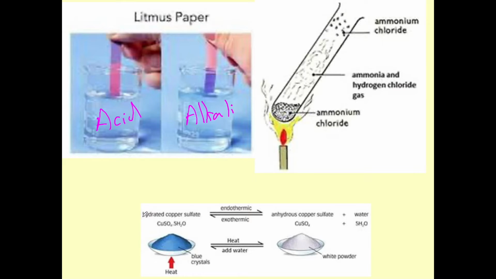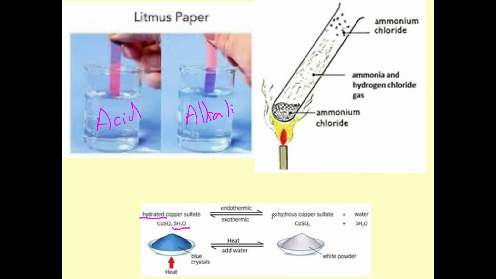So you'll notice with this hydrated, so hydrated means that we have water available, we have this 5H2O. So what that tells us is that for every formula unit of copper sulfate, we have 5 water molecules that are also trapped. And in this form of copper sulfate, they appear as blue crystals.